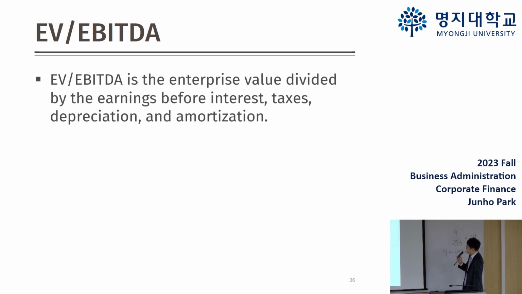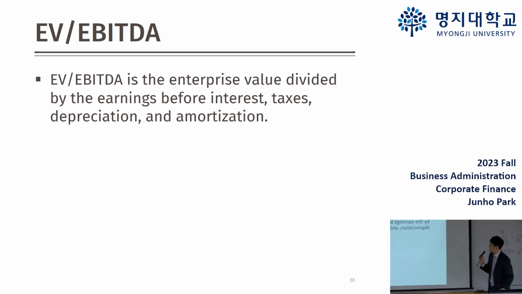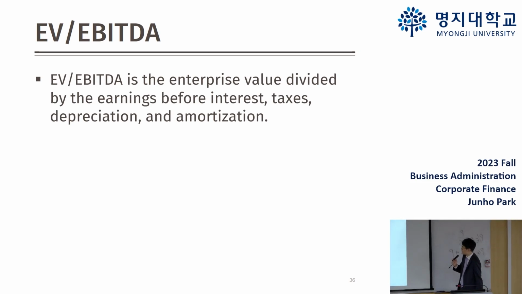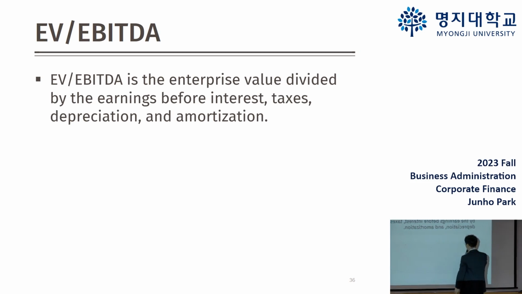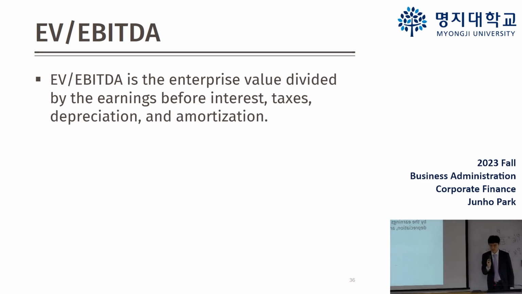So the EV/EBITDA is the enterprise value, EV, divided by the EBITDA, which is the earnings before interest, taxes, depreciation, and amortization. That's why we call it EBITDA.